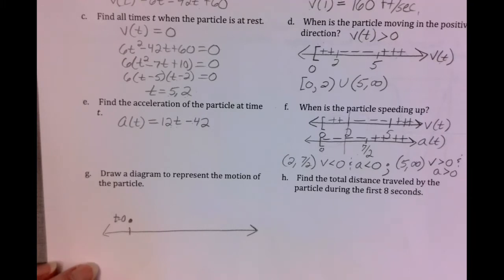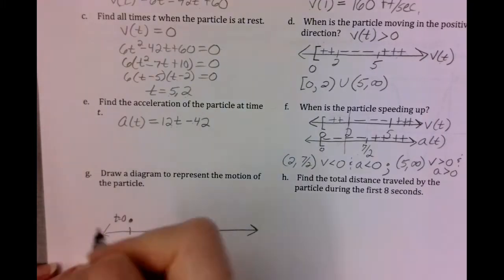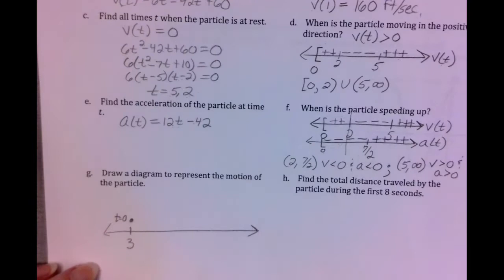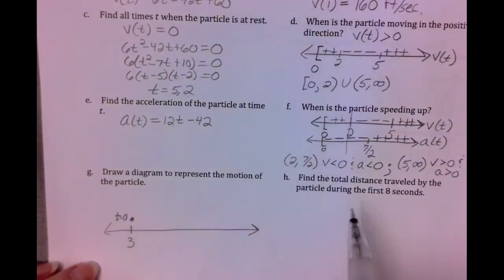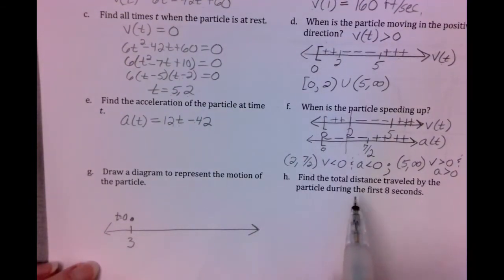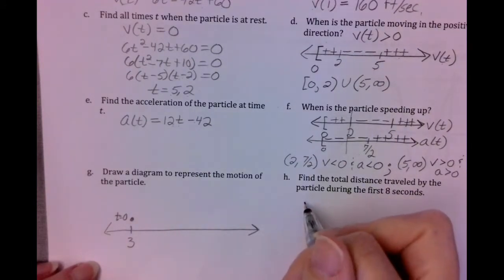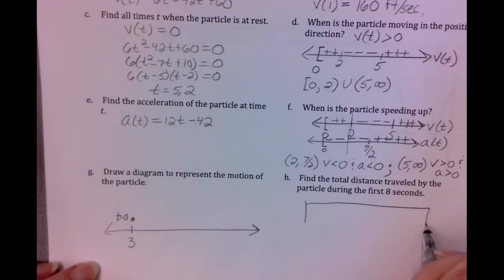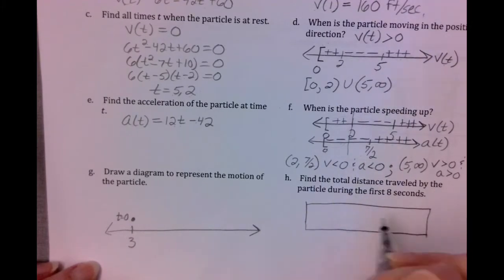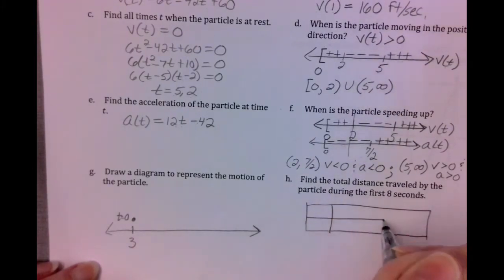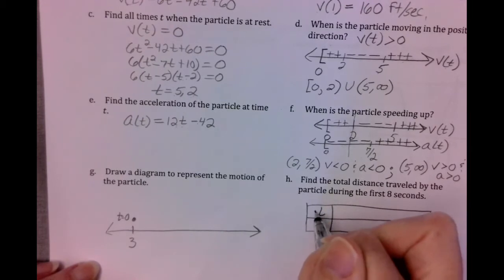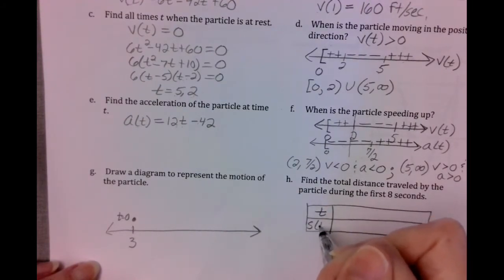While I'm working on this one, I'm going to work on distance simultaneously, because as it moves, it goes a certain distance, and I'm going to need to calculate the distance according to that process I gave you above. So I'm going to look at t and s of t at critical values. At the start, we are at 3 feet.